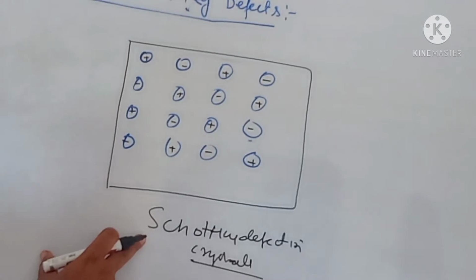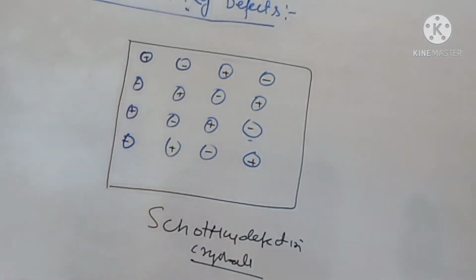So this is a stoichiometric defect, so the number of cations and anions are the same.